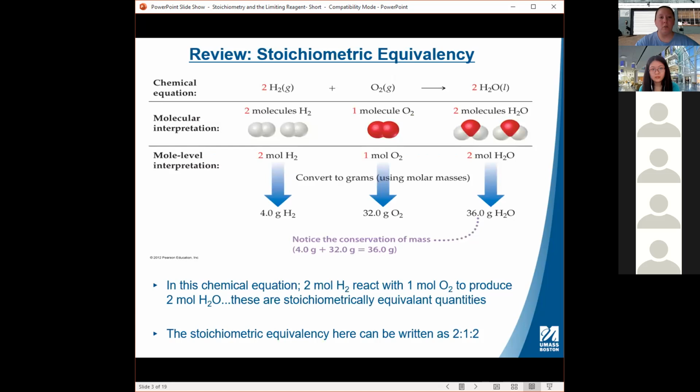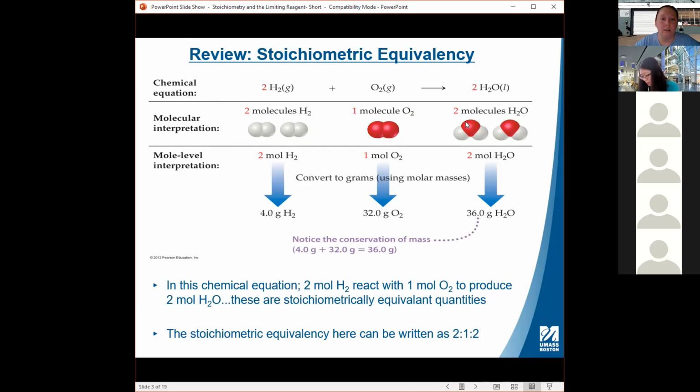Okay, so let's review what stoichiometry is. In this example, we have the reaction to make water from hydrogen gas and oxygen gas. Let's take a look at the ball figure that we have here. If we count the number of atoms in each, let's start with the product.